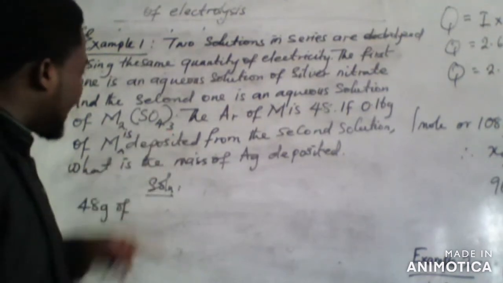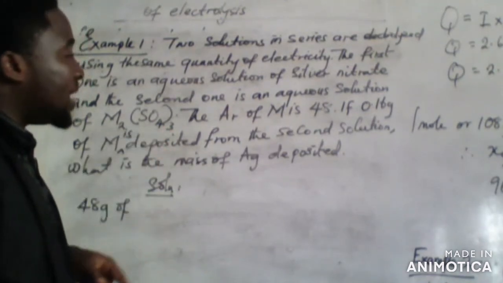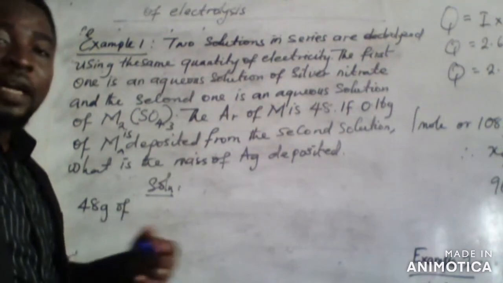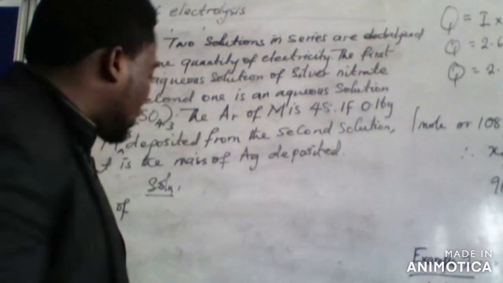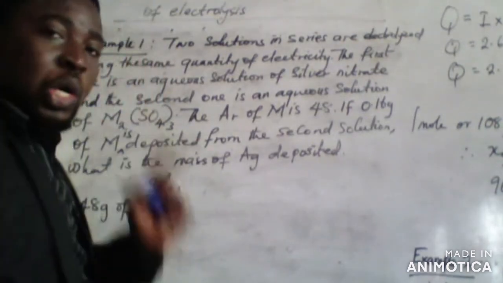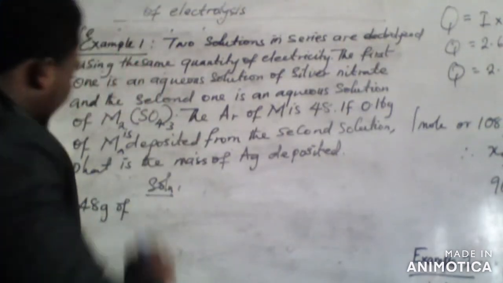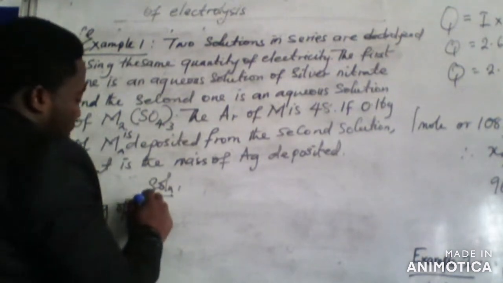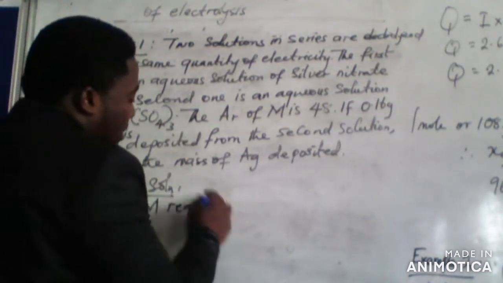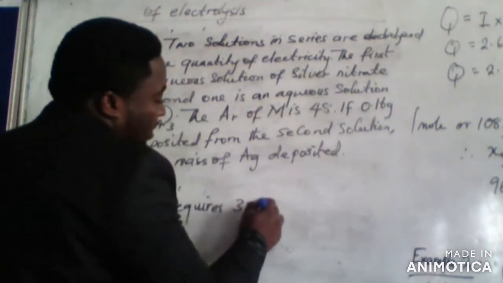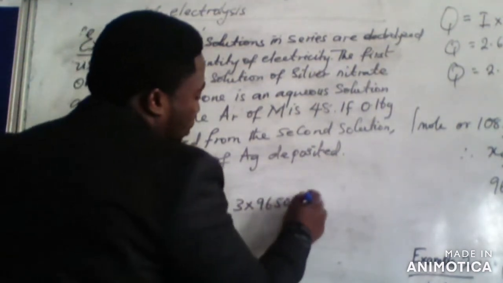So that 3 we are seeing there will determine the number of Faradays of electricity that will be required to discharge 48 grams of the metal. Alright, so 48 grams of M requires 3 Faradays of electricity, which is 3 times 96500 coulombs.